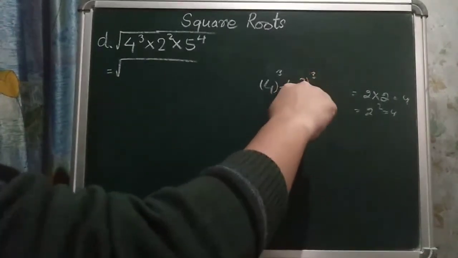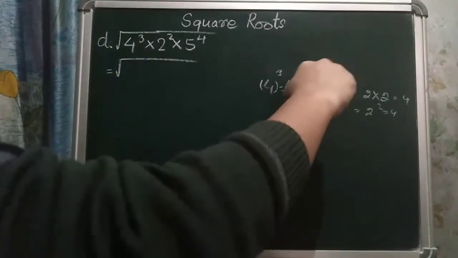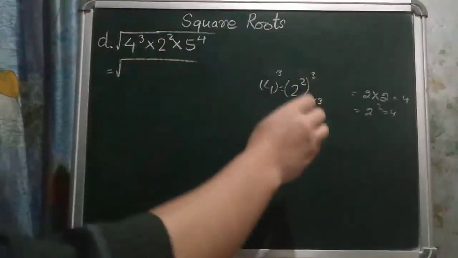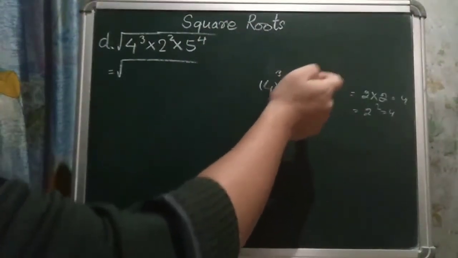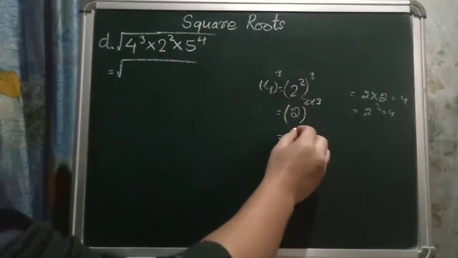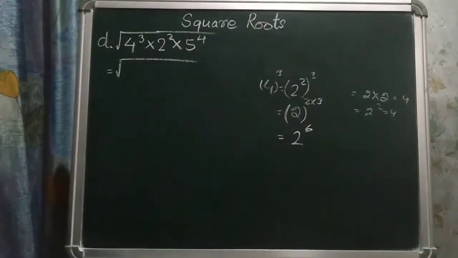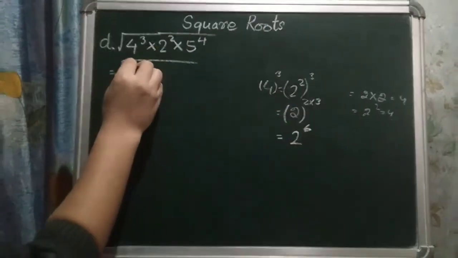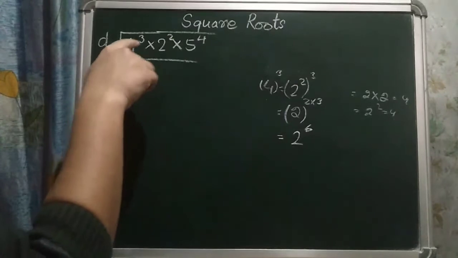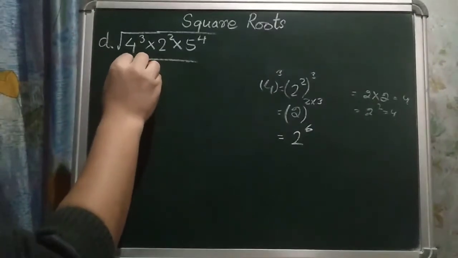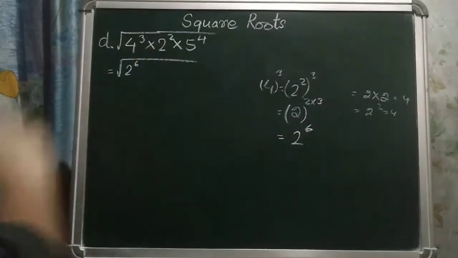If there is a bracket and in between there are two powers, then we have to multiply them. So it becomes 2 to the power 6. Understood? So instead of 4 to the power 3, we will write 2 to the power 6.